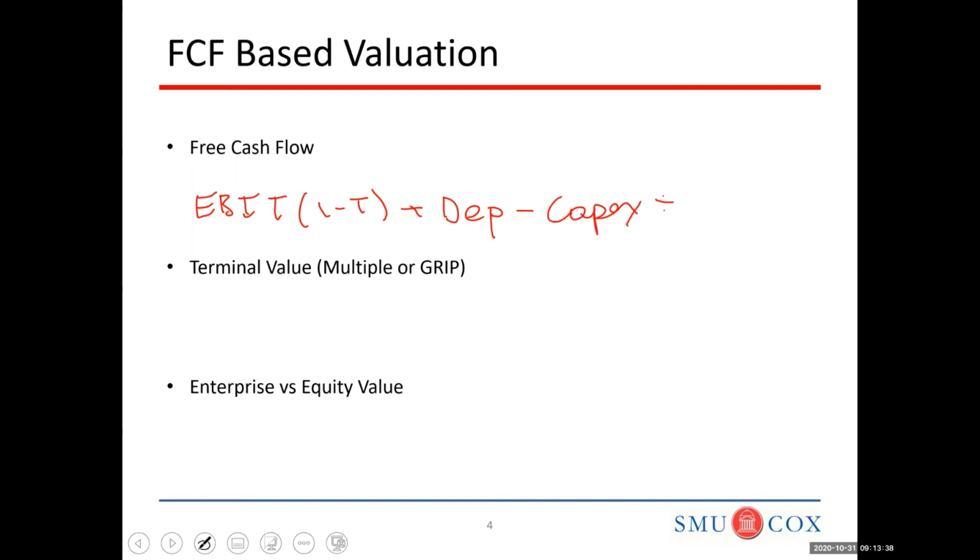And then it could be a plus or minus change in working capital. Working capital could go either way. So in this previous example, we had capex in year 0, I guess you could call it, and then we had EBIT and depreciation in years 1 through 3, and we didn't have working capital.